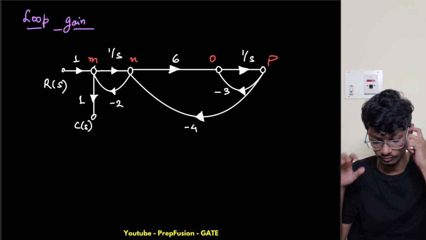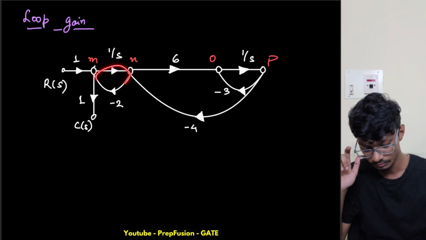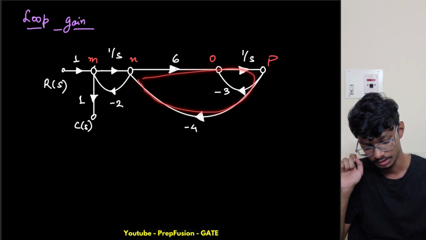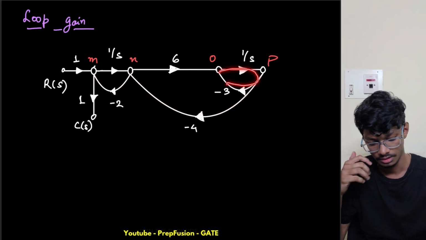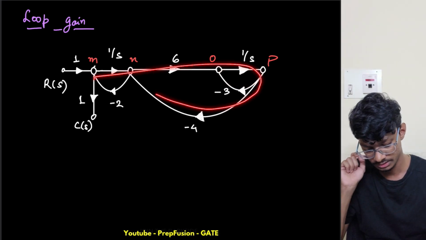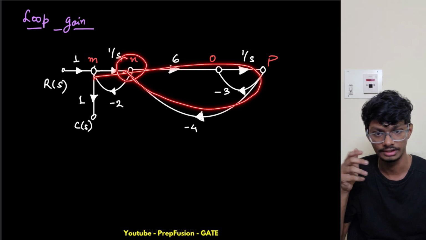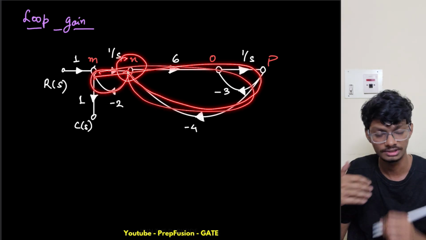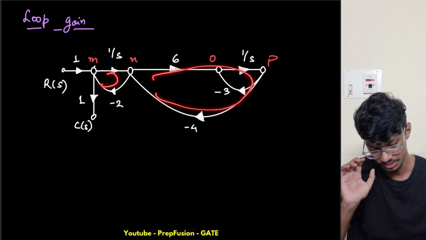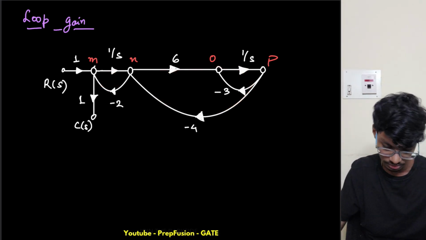So one loop I can see here only, right? Another loop is this only. Now do we have any other loop? I can go like this, but again no, I'm covering this again. So this isn't a correct loop, right? So we have only 3 loops in this.